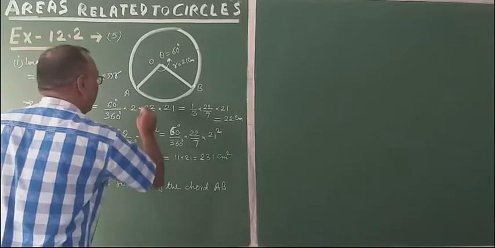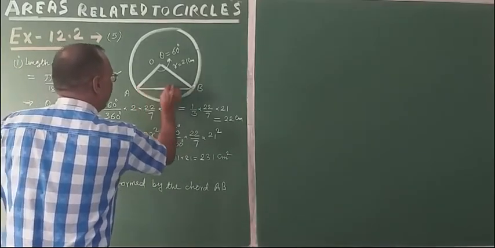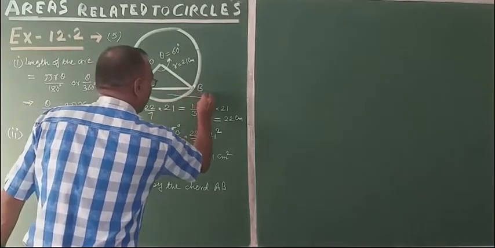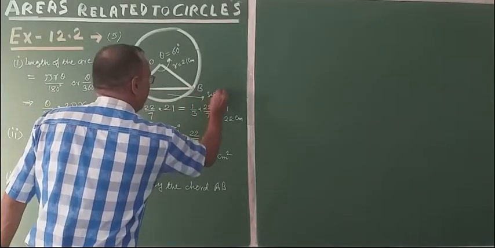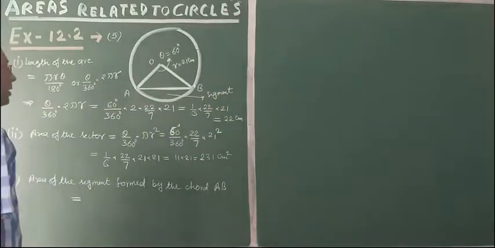This one is the corresponding segment made by the chord. This is the segment formed by the chord. So what will be the area of this?